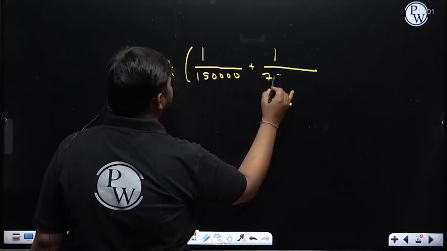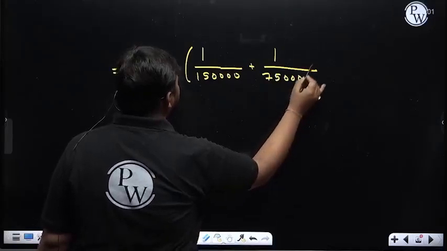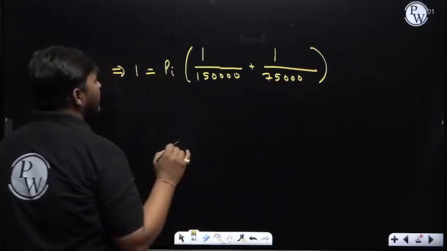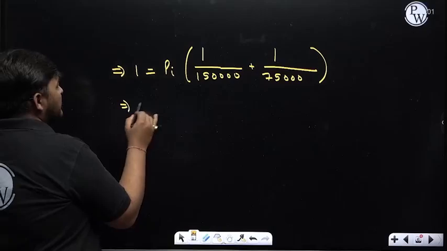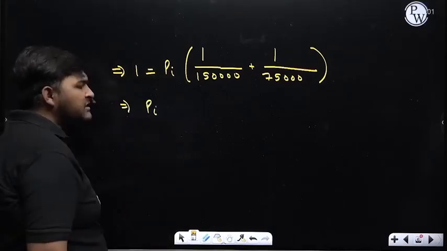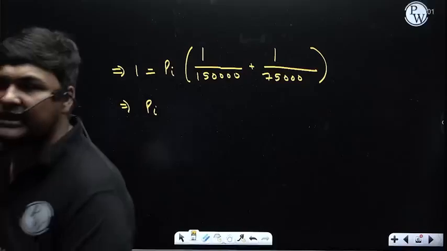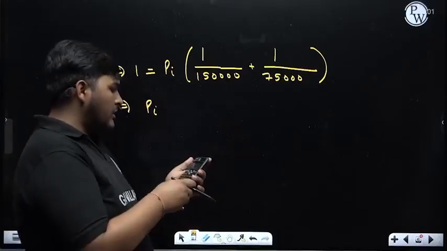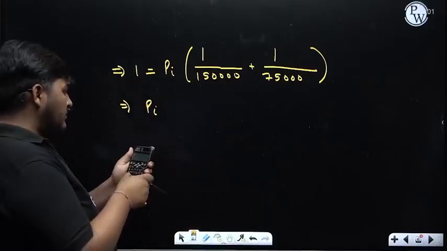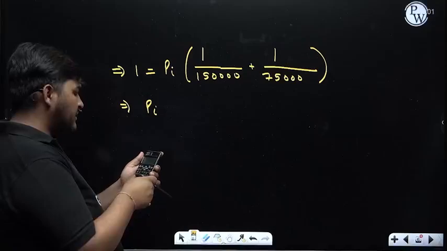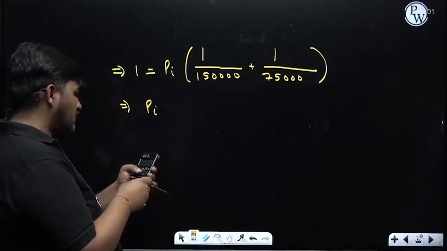KCM is the stiffness of the connecting member, which is under compression due to preload. In this equation only one unknown, PI, is coming, so we can calculate the value of PI: 1 upon 150,000 plus 1 divided by 75,000, then inverse.